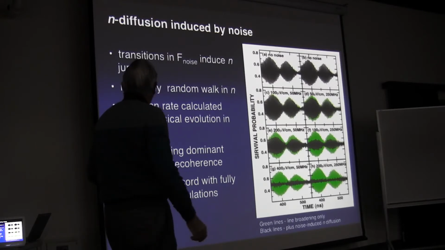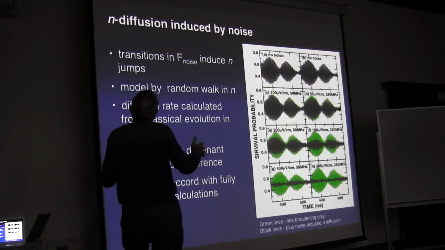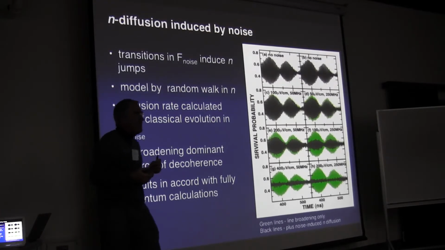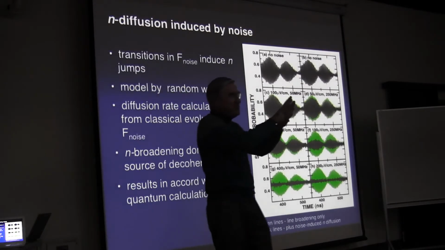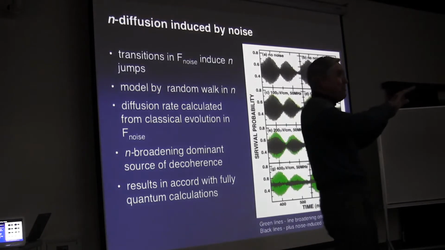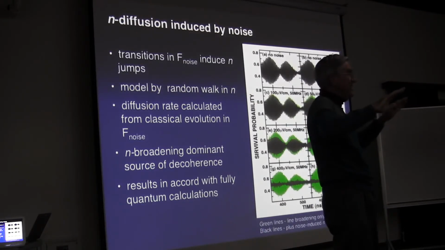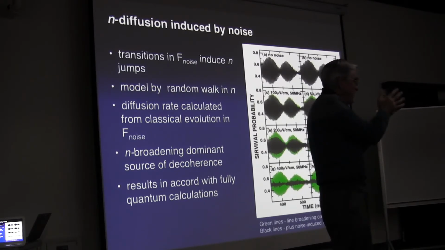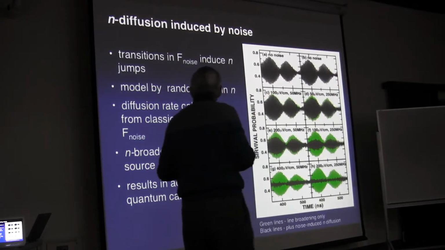Okay? Now, how do you get the rate at which that broadening occurs? You can do that by using just regular classical theory. You start out with a series of discrete levels, and you just see how they broaden classically as time goes by. And then you just discretize that final distribution of energies, and that tells you how my initial one evolved to my final one. That tells you about the diffusion.